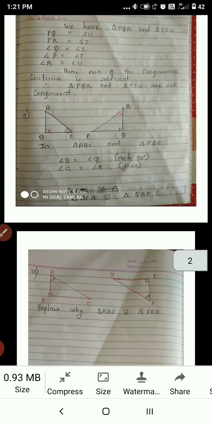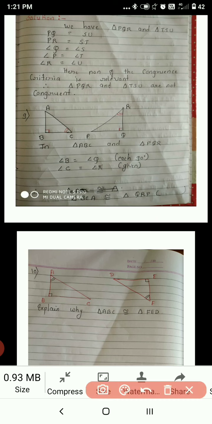In question number 9, the question says: if triangle ABC and triangle PQR are to be congruent, name one additional pair of corresponding parts. What criteria did you use? See here, I have made a diagram: triangle ABC and triangle PQR. Here I have marked angle B as 90 degrees and angle Q again as 90 degrees. And angle C and angle R are also equal.